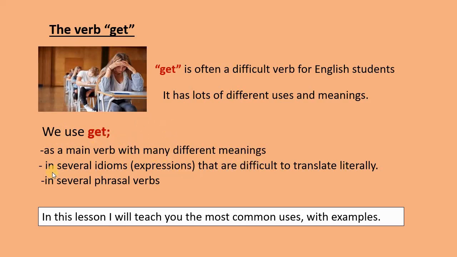Also, we use get in several idioms, expressions that are difficult to translate literally. Okay? We cannot translate each individual word. We have to translate it as an expression, so that can cause confusion.